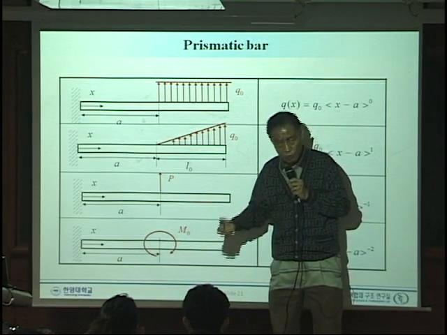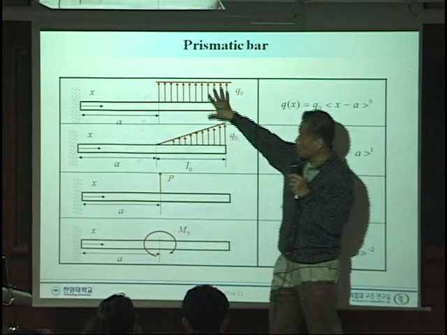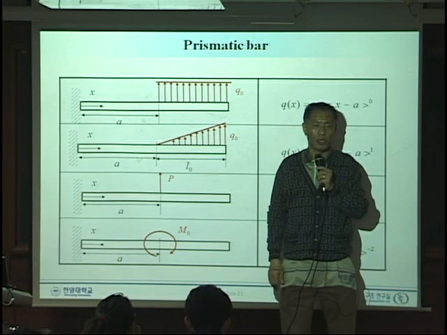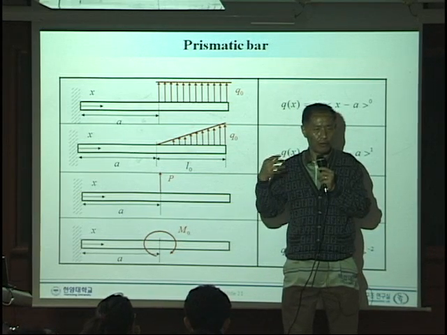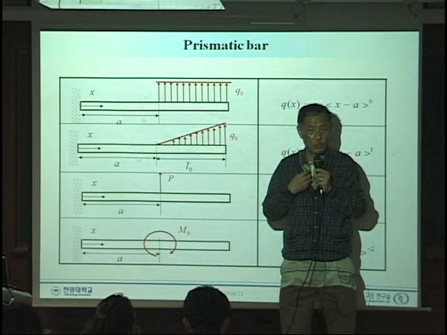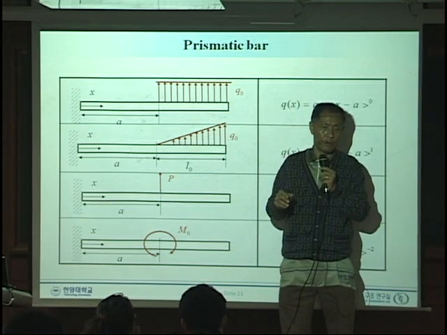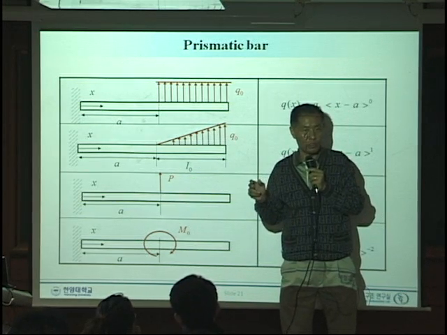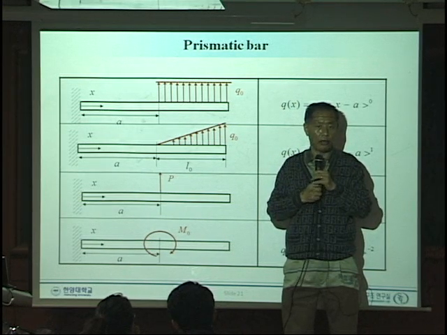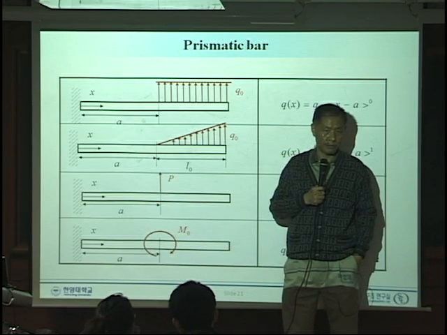So we have to know how to express these kinds of forces in terms of force per unit length. That's the key point. Once we express them in terms of Qx, which is a force per unit length, then we can solve that partial differential equation.